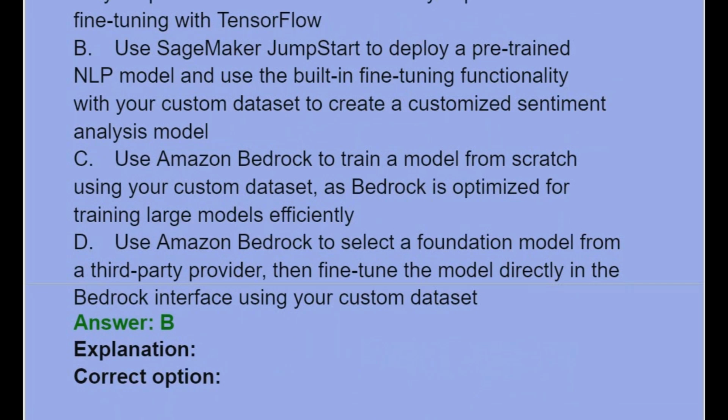Option C, use Amazon Bedrock to train a model from scratch using your custom dataset, as Bedrock is optimized for training large models efficiently. Option D, use Amazon Bedrock to select a foundation model from a third-party provider, then fine-tune the model directly in the Bedrock interface using your custom dataset. Correct answer is option B.